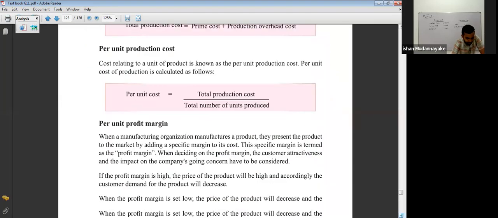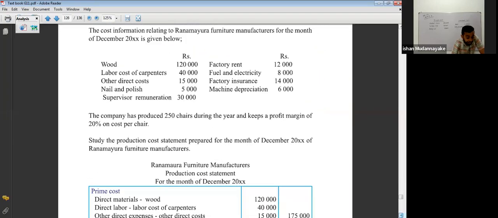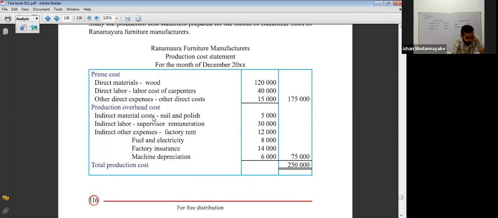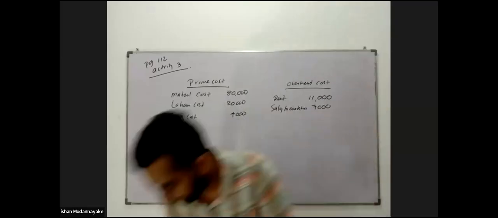The syllabus has categorized nail and polish under indirect material. Therefore, it is better to classify expenses of flavors under overhead cost. Right, write down.